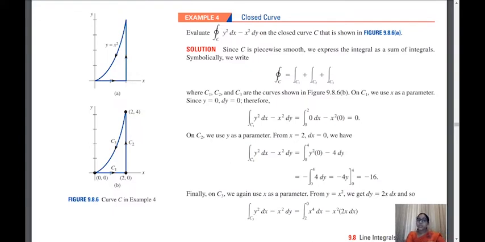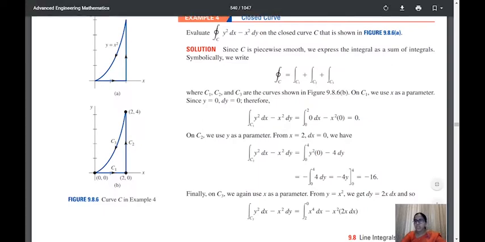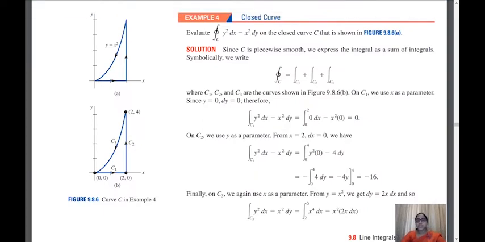Now note one thing: C is closed, but if you take the individual smooth curves C1, C2, C3, they are not individually closed. Now let us consider each curve individually.